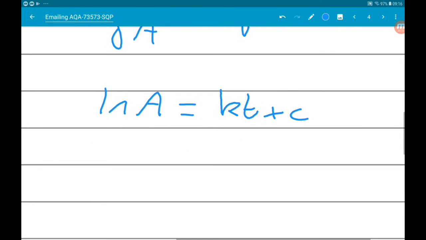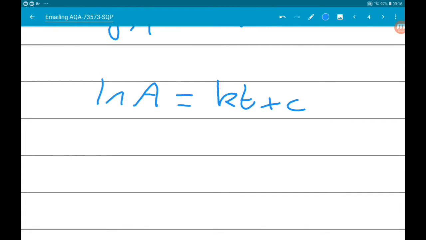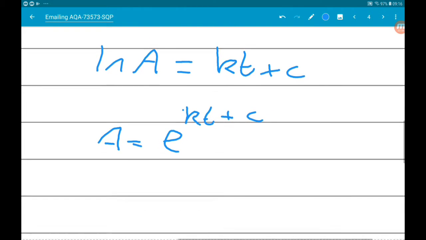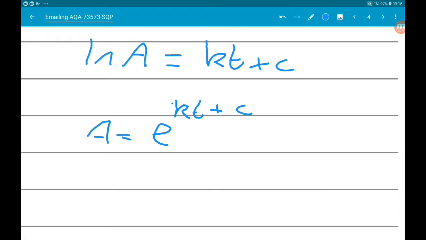Okay, now we want to turn log A into A. So we now exponentiate both sides. So we get A is e to the power kt plus c. Now on the right, we can say that that is e to the kt times e to the c.